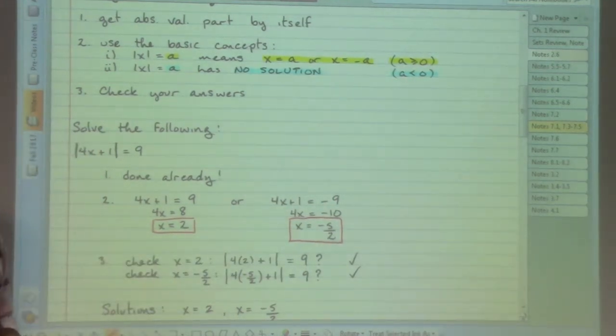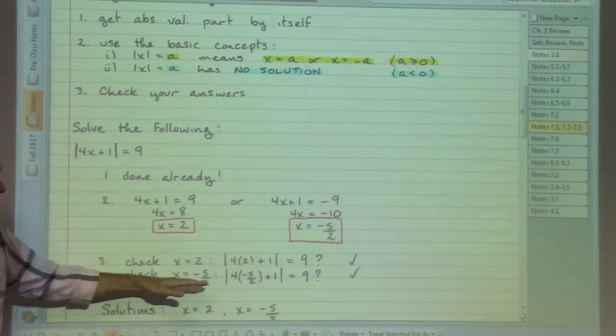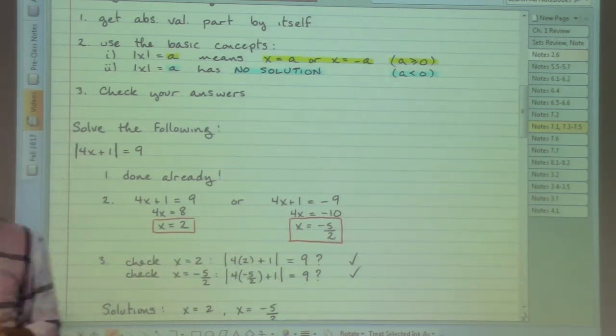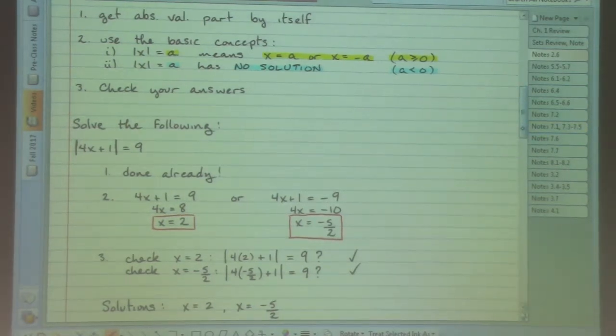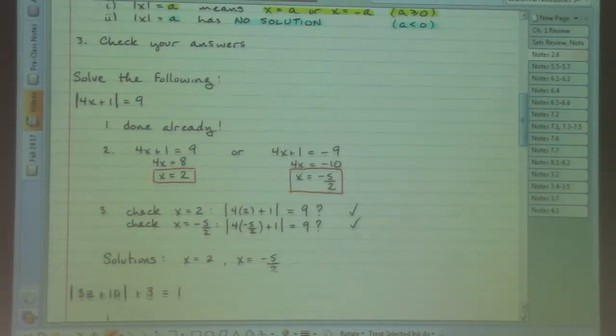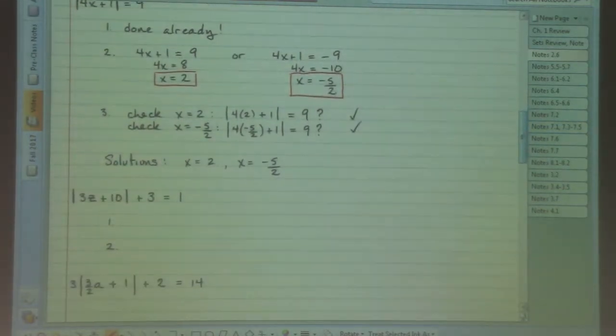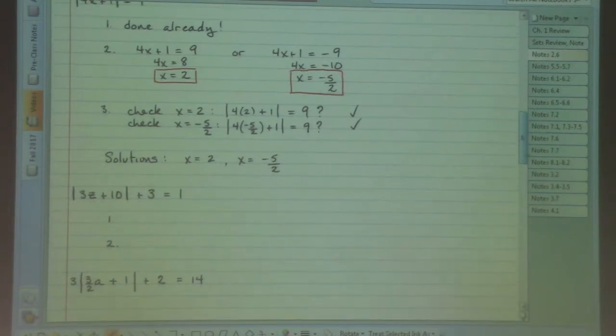And then lastly, for each of those possible answers, I would want to check and make sure that everything does in fact work out so that I could then say, I do in fact have these two solutions. Down there at the bottom of the screen, I have x equals 2 and x equals negative 5 over 2. So let's work one of these live. Well, really several of these.